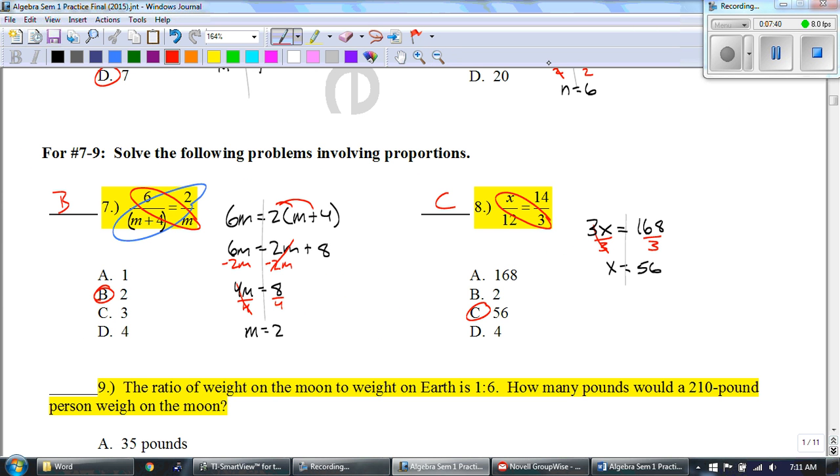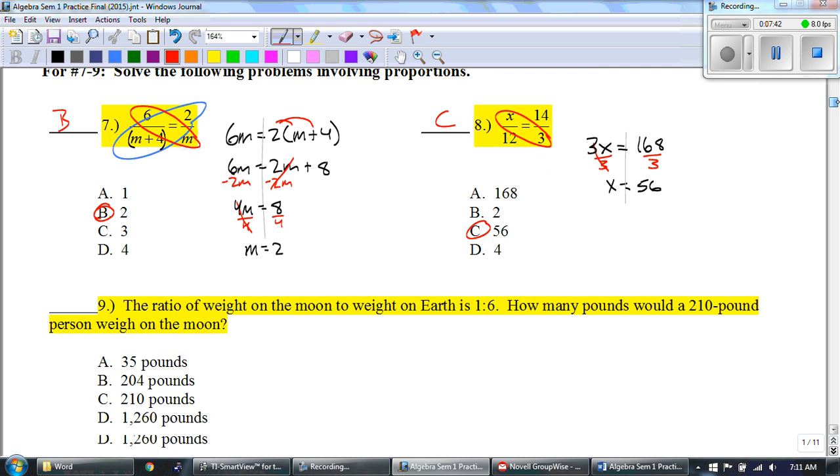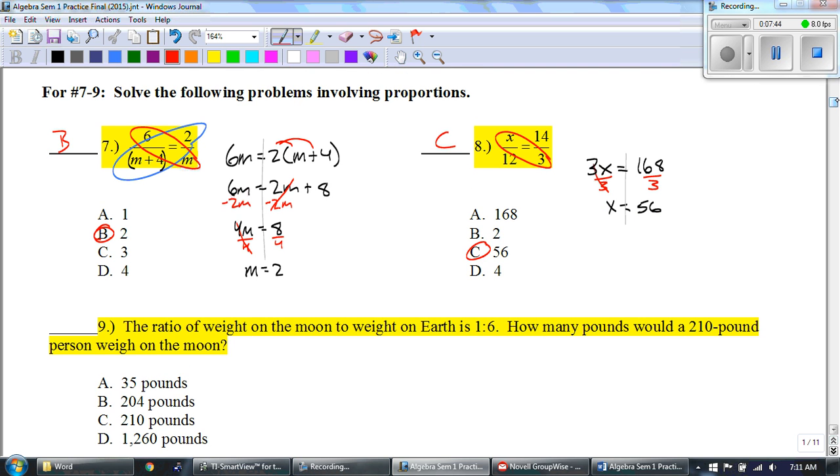All right, one of our favorite ones. The ratio of the weight on the moon to the weight on the earth is 1 to 6. So what they're doing, we need to set up a proportion just like they are, or a ratio. We're talking about the moon to the earth.